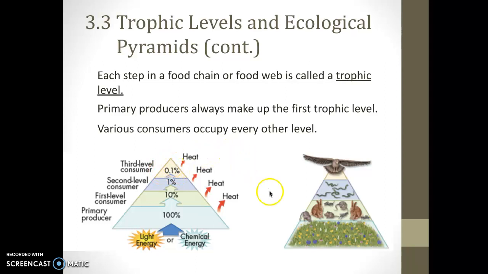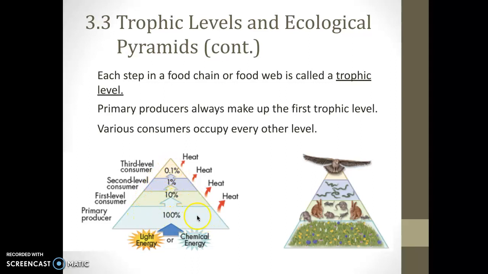You're always going to find those primary producers we learned about in our web quest down here at the bottom. They're going to make their own food. So here's where you would find the autotrophs, and then the primary consumers would then eat these primary producers. And so various consumers are going to be at these different levels.